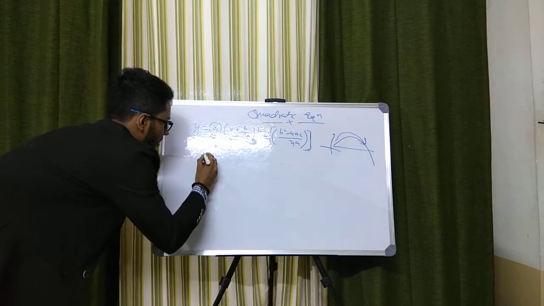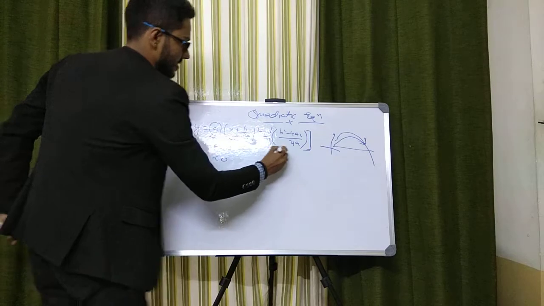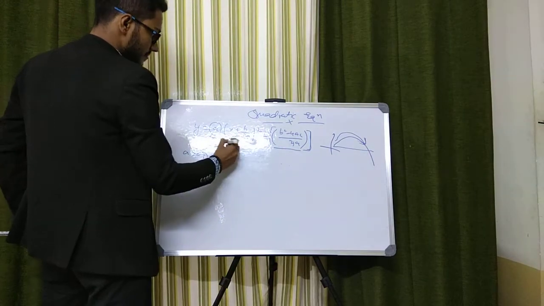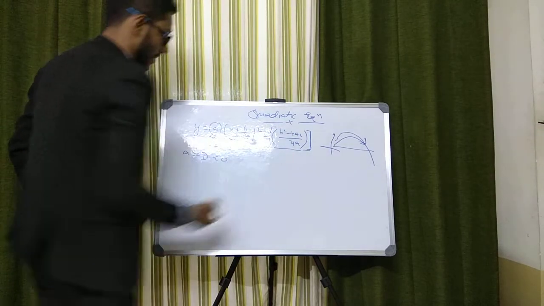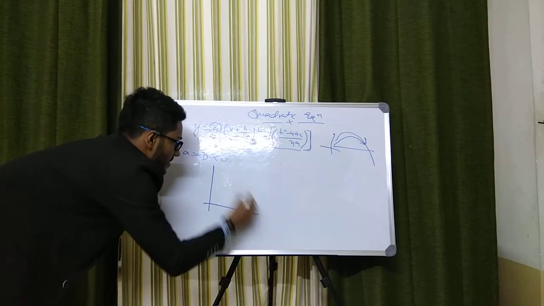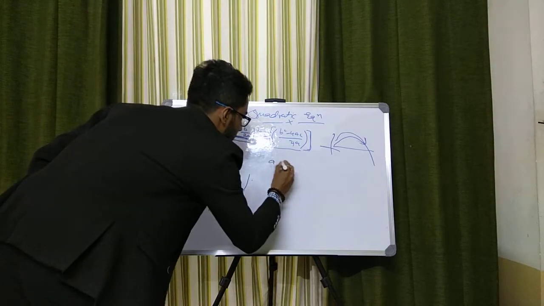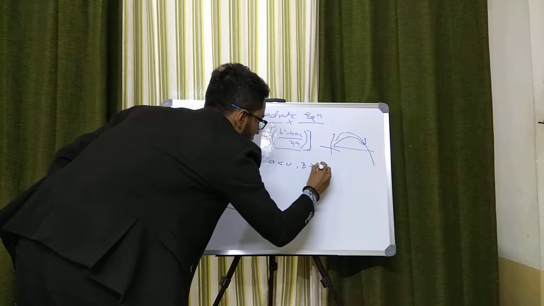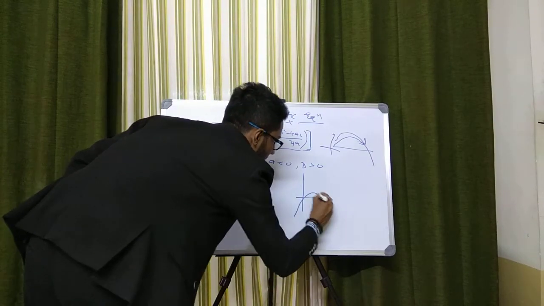Now next, suppose d is less than 0, a greater than 0. What will happen? You will get imaginary roots, which I can't show, so it will lie like this. Similarly, a less than 0, d greater than 0, it will look like this.